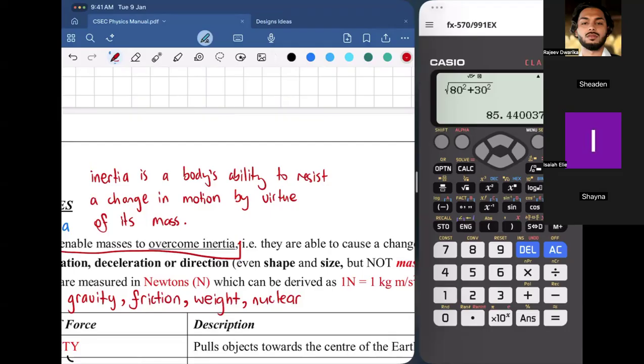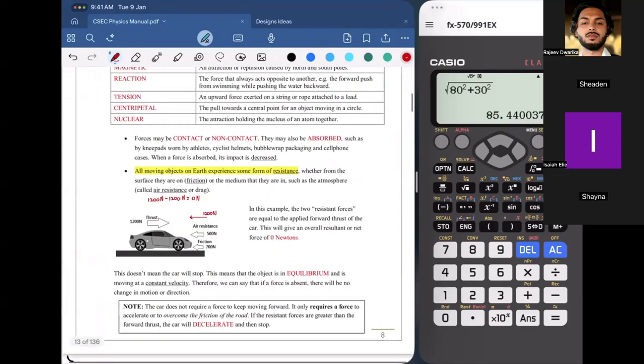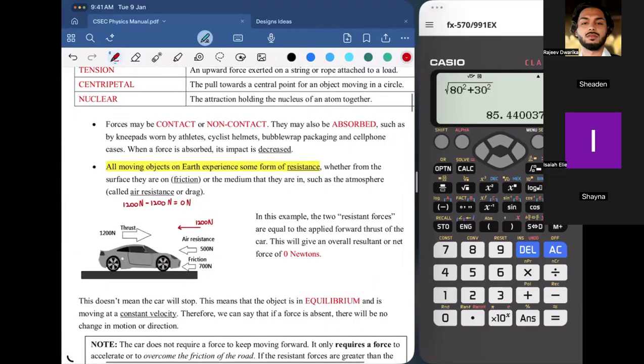Yes, sir. But if you're sitting still, is your body accelerating? No. So mass is constant, acceleration isn't. That's why you shouldn't put it in the definition, because acceleration can change. Cool.